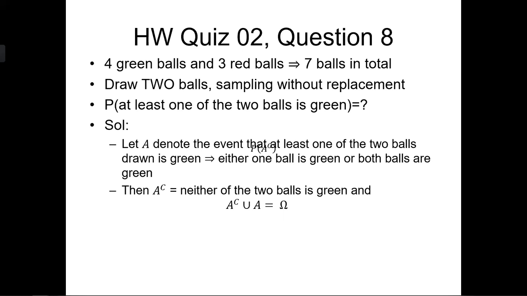So that's my A complement. So that's the event that I had A, I have now its complement. And we know that if we have event A and we have event A complement, the union of those 2 would form the whole space. Now we know that the probability of the whole space should be what? 1. Perfect. Thank you. Yes.